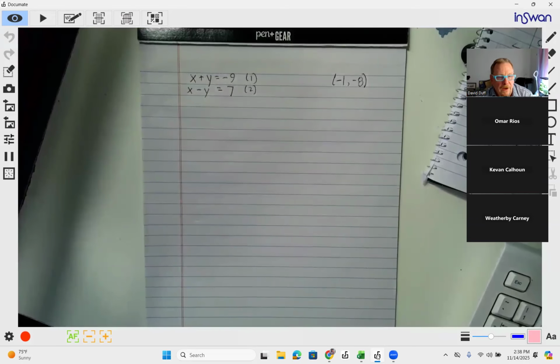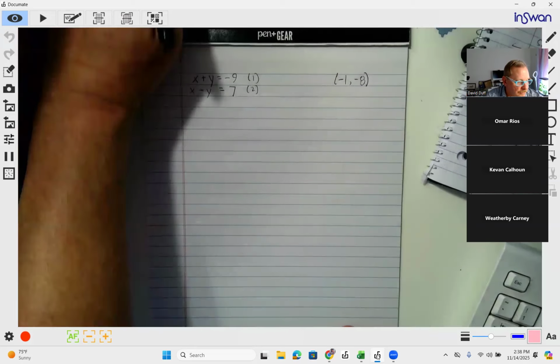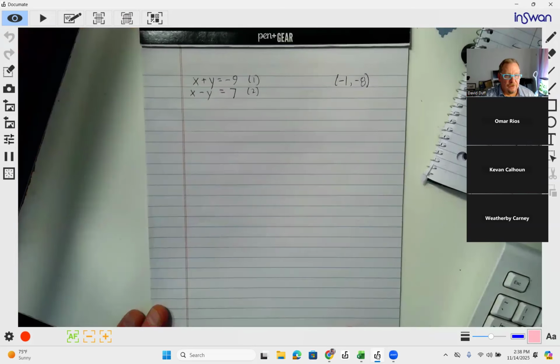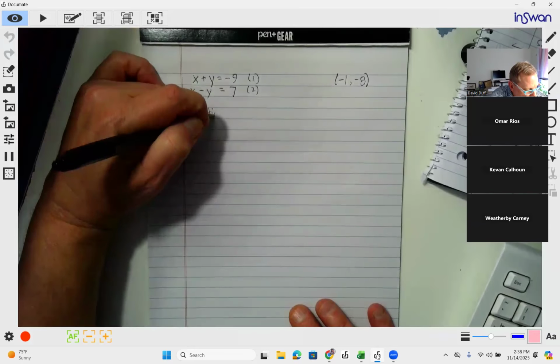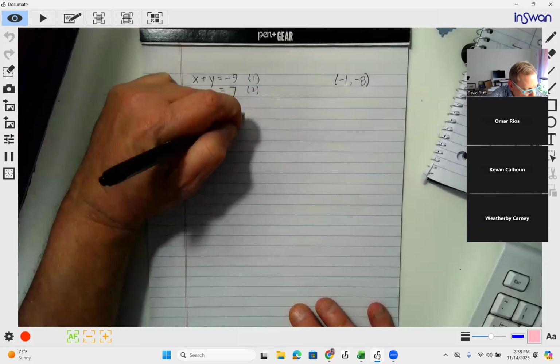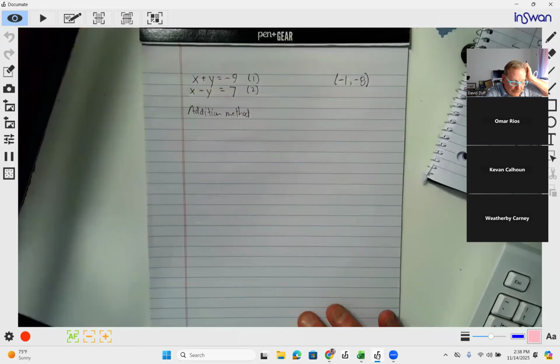I'm only going to show you one way to do this because it's only necessary to show you one way, and time is an issue. But there's a method called the addition method. With the addition method, the basic strategy is you want to get rid of either x or y. You want to add the two equations in your system together in such a fashion that one of the variables will cancel out.